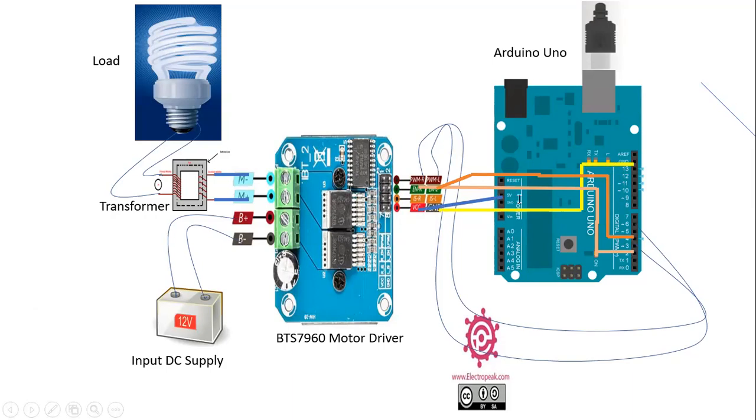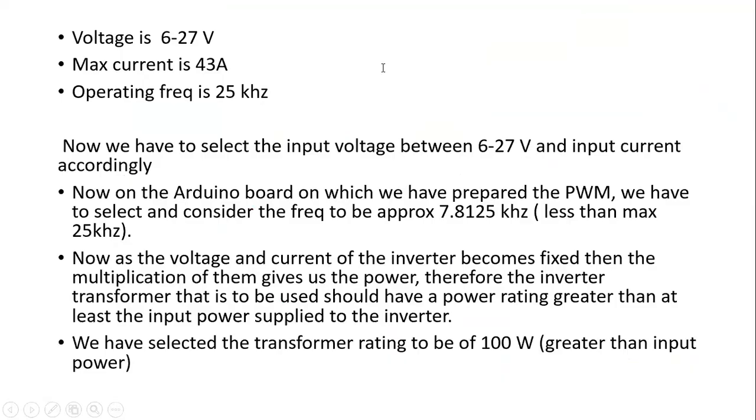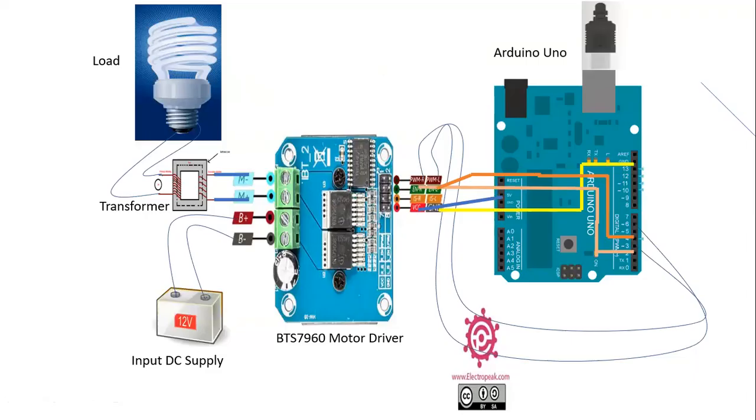ENR and ENL are connected as high, which are always high, and connected to the specific digital pins 2 and 4 as shown here.